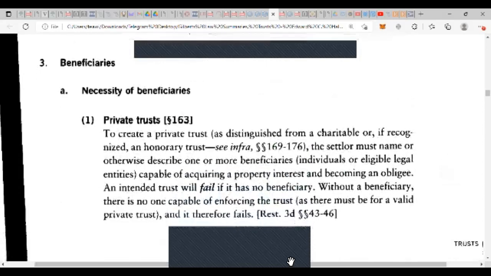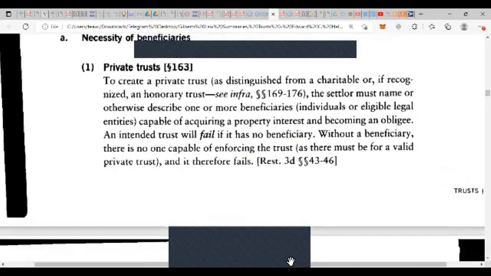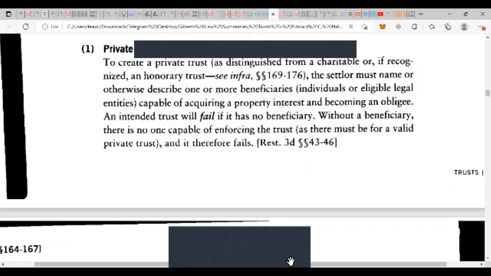Number 3, beneficiaries. Necessity of beneficiaries. Number 1, private trust. To create a private trust, as distinguished from a charitable or, if recognized, an honorary trust, see infra 169 through 167, the settlor must name or otherwise describe one or more beneficiaries, individuals or eligible legal entities capable of acquiring a property interest and becoming an obligee.